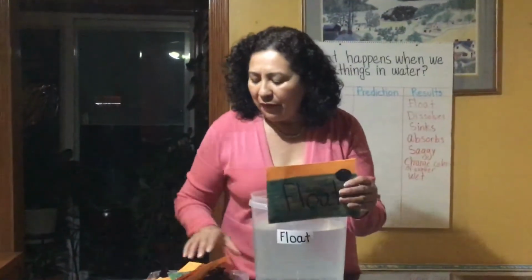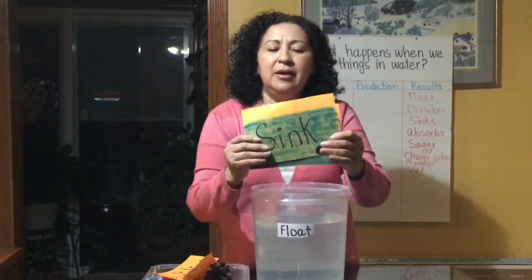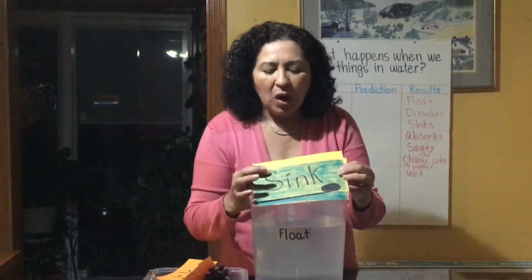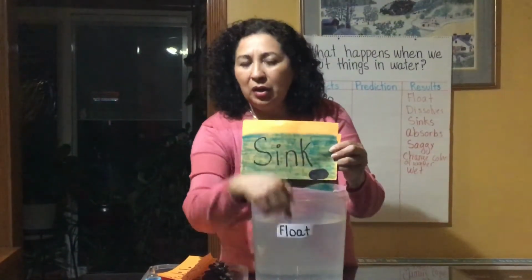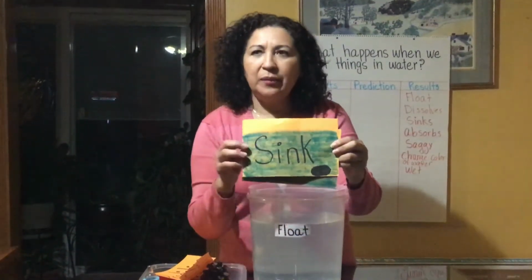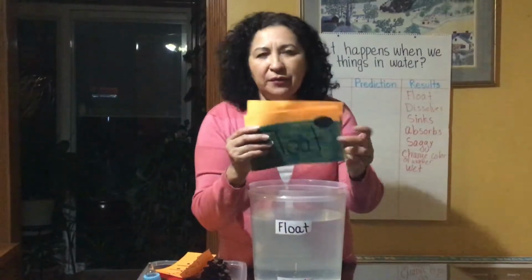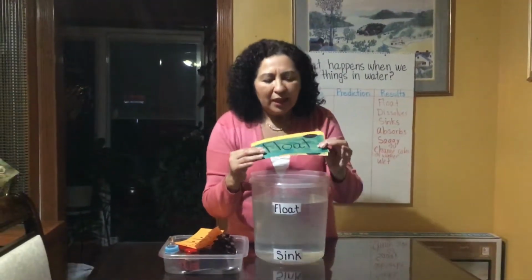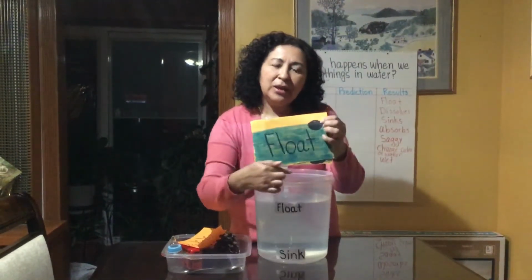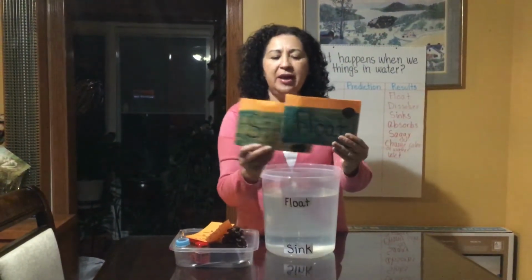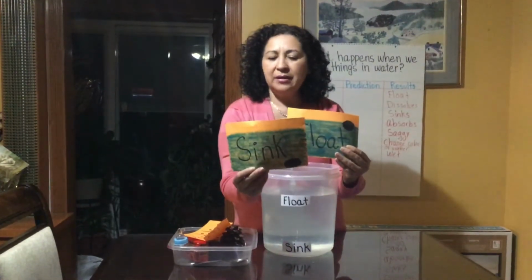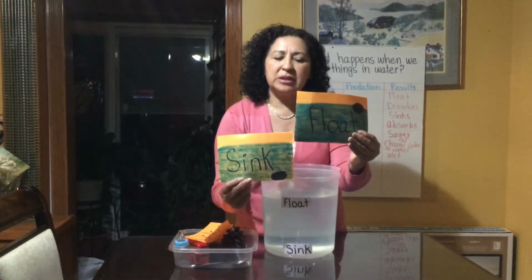So here are the vocabulary words that we need for this lesson. We need sink. When objects sink, they go down the water. Okay, they go all the way down. And when objects float, they stay above the water. So our vocabulary words for today are sink and float.